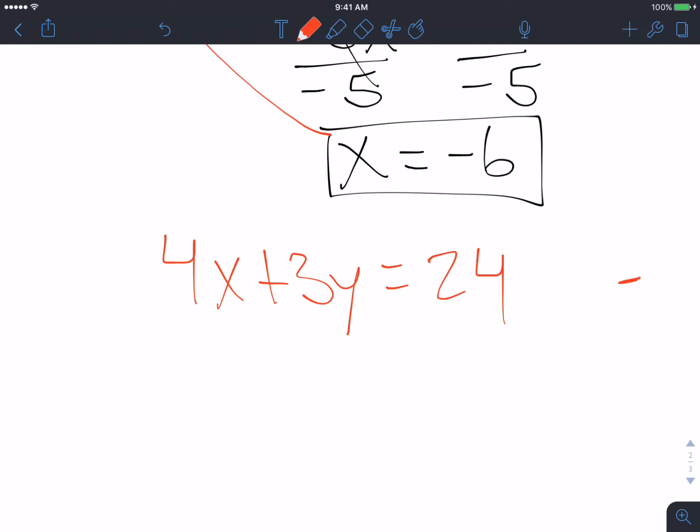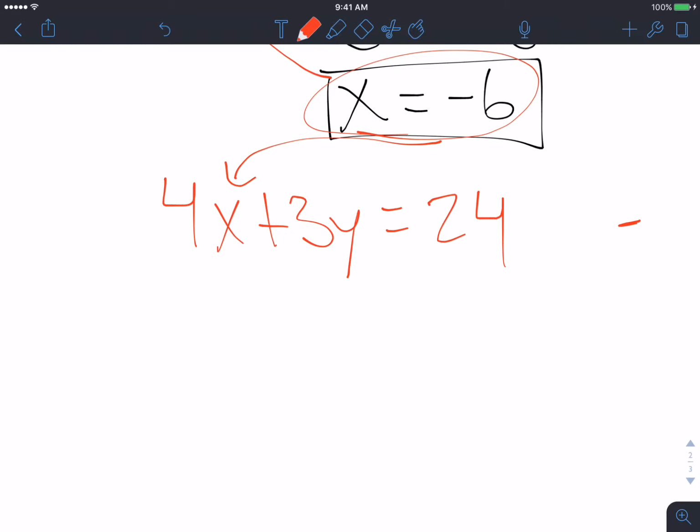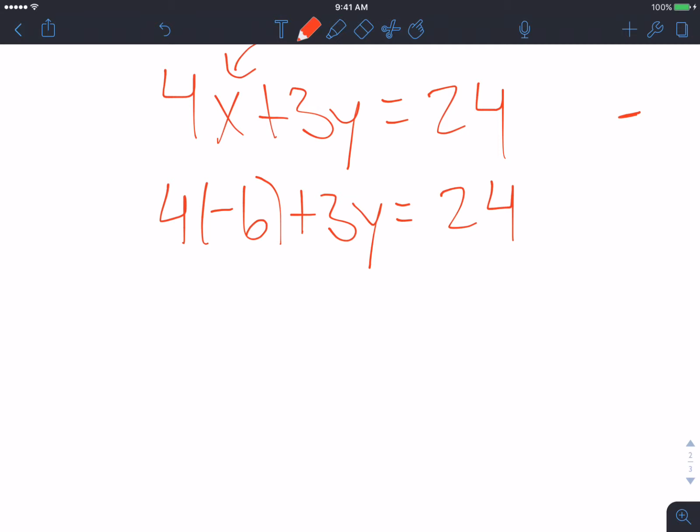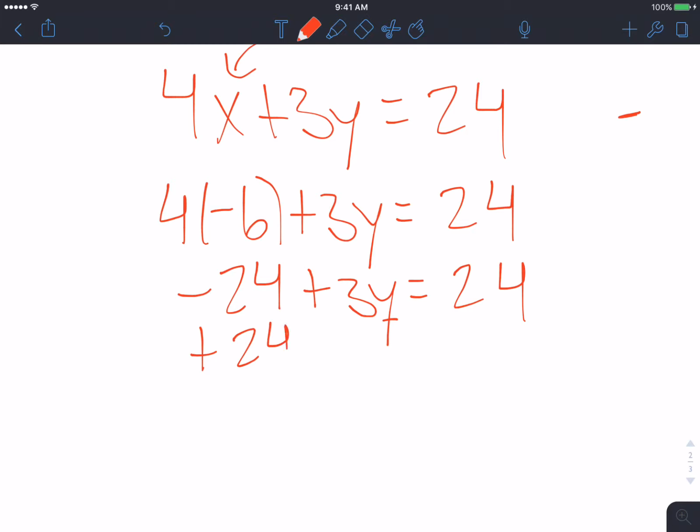But now I'm going to plug this value in for x. Okay? So I'm going to rewrite it. 4 parentheses, I'm just plugging in negative 6. Negative 6 plus 3y equals 24. 4 times negative 6 is negative 24 plus 3y equals 24. And again, we're just going to solve for the variable y. So let's move everything over. Add 24 to both sides.